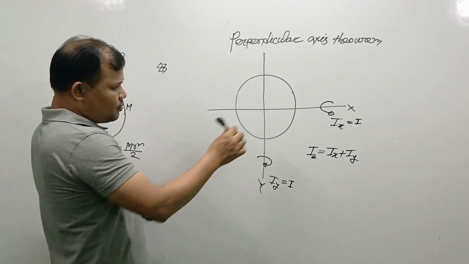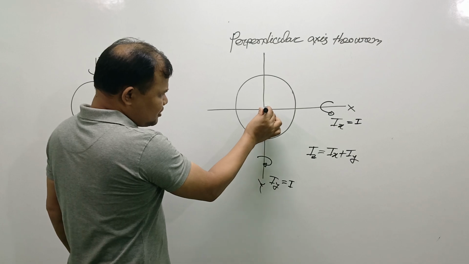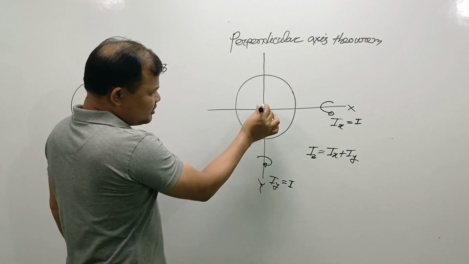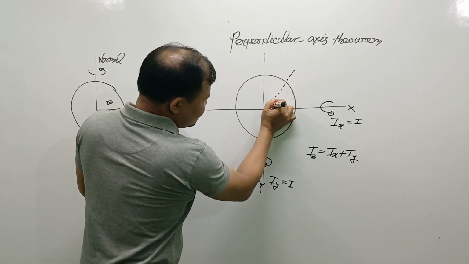Now, as this is a 2D surface and we cannot draw a 3D diagram here, this is the z-axis.